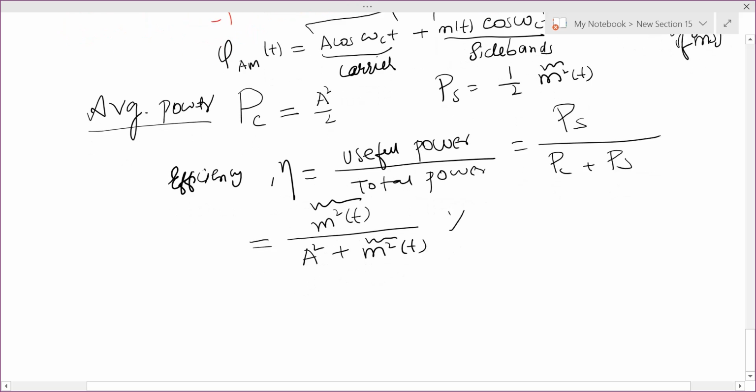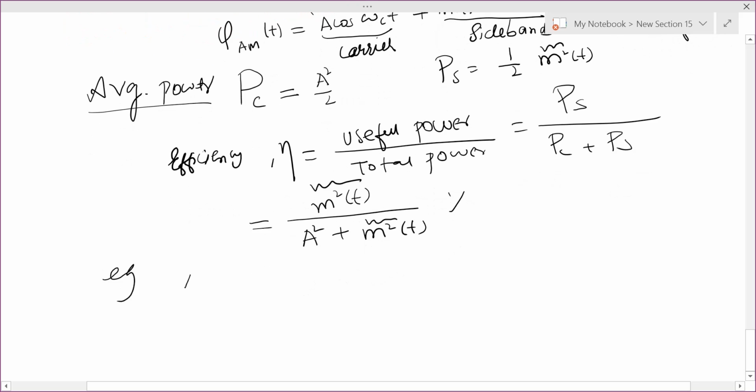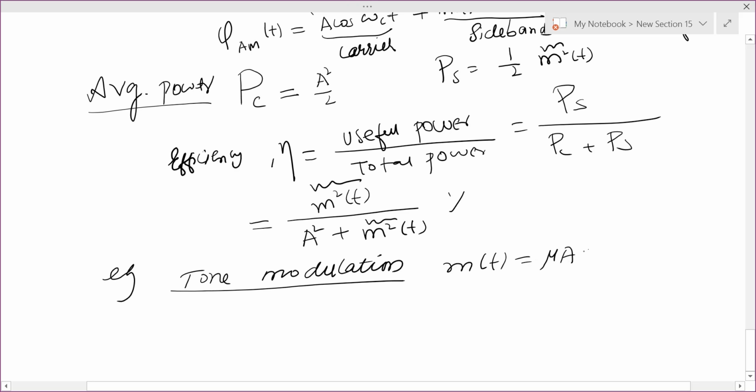so again, as a simple example, if we consider tone modulation, you have m of t equal to mu A cos omega m t, hence the mean square value will be mu A square by 2.